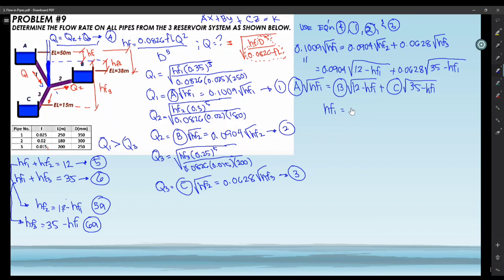So yung inyong value ng A, make sure na kapareho lang siya, 0.10086. Shift solve. Yung beta, okay, Charlie. So shift solve natin.